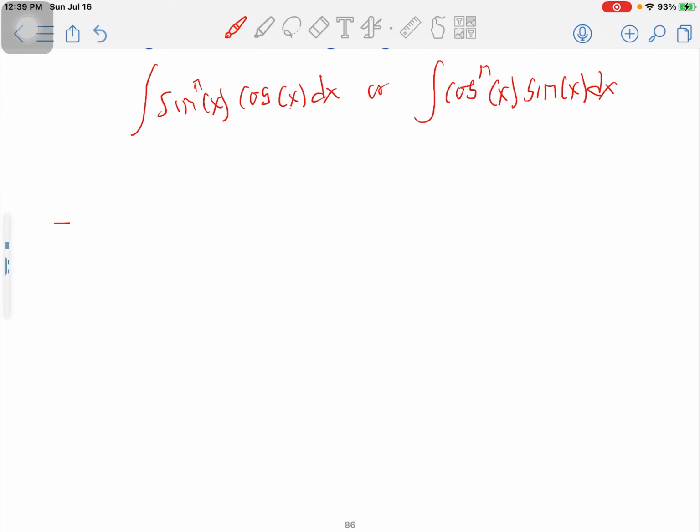So basically, first of all, let's look at integrating cos power n of x sine x. The n can be any number. That's the power of it. You know, if n is 2 it is cos square, if n is 3 cos cube, if n is 4 cos power 4 of x.